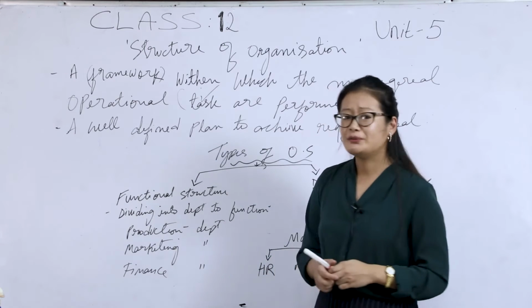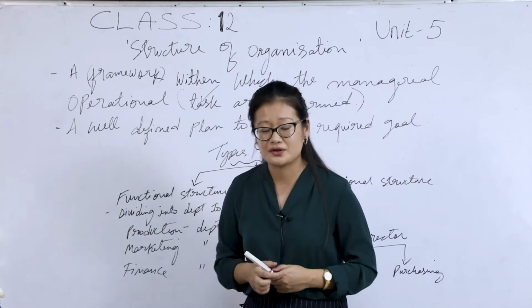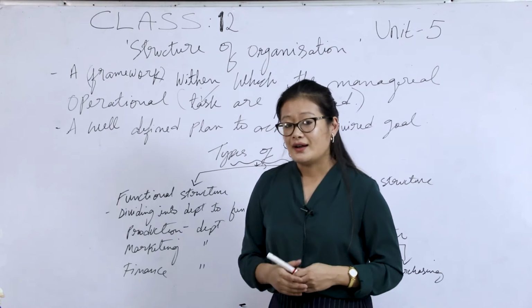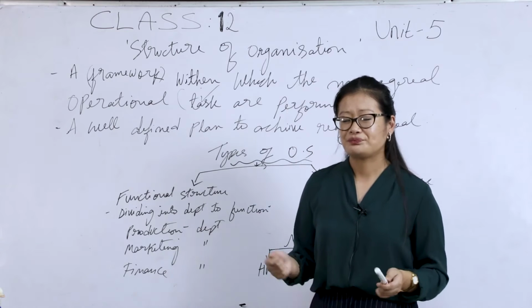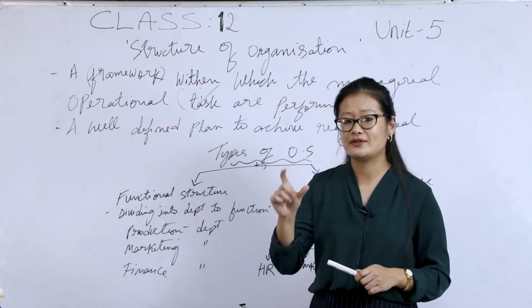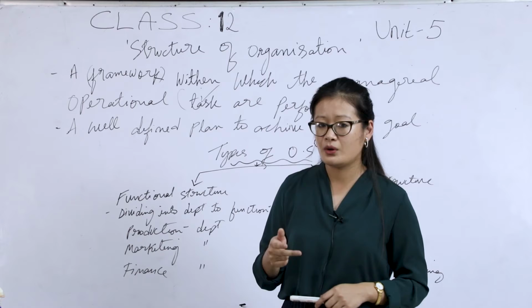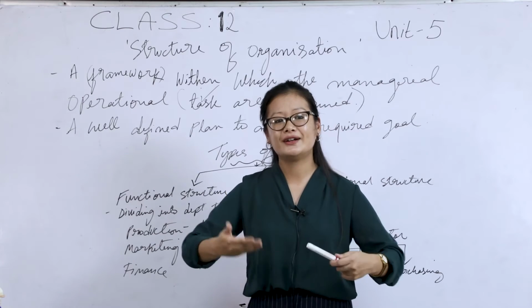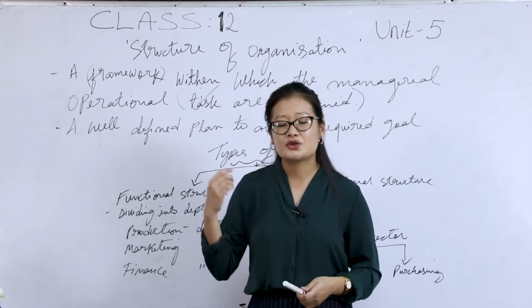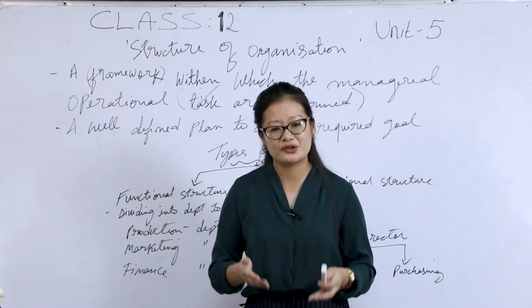Let me give you an example to help you understand this structure properly. Like I mentioned, structure of organization is needed in all the levels of organization, whether it is top, middle or lower, even under an institution. It must be there.